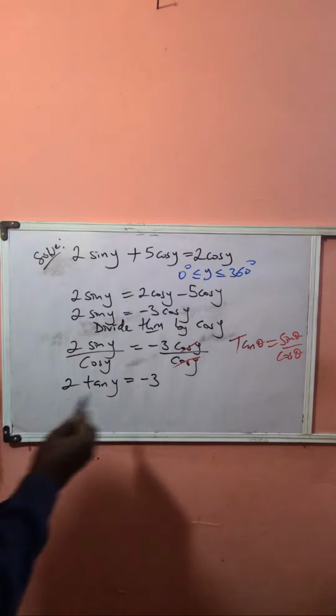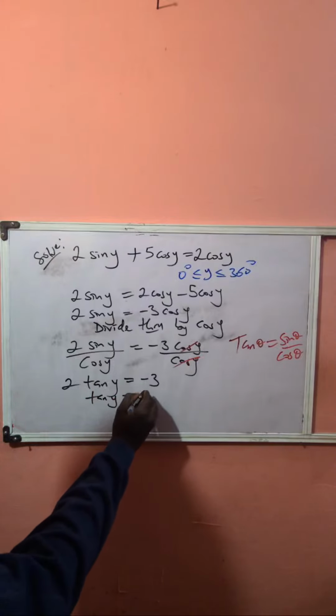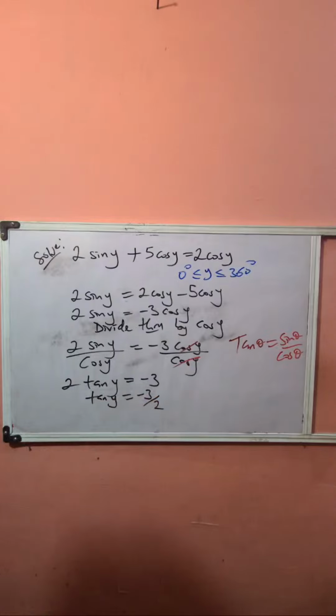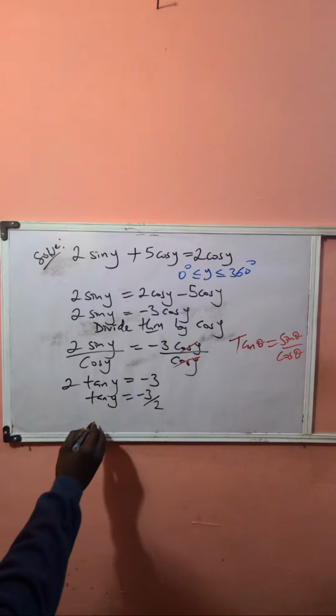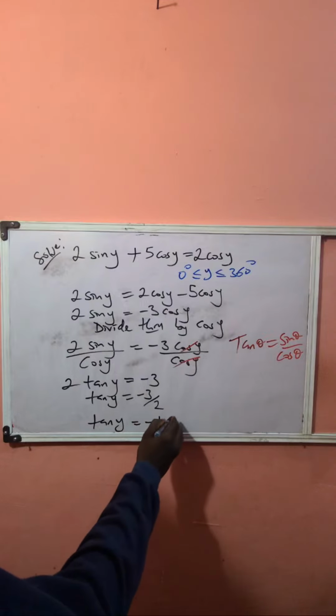So I want to make tan y the subject of the formula: tan y equals to minus 3 over 2. Obviously, I divide both sides by 2. That's the very first step. You have tan y equals to minus 3 over 2. In decimal, minus 3 over 2 is going to be 1.5. So I can say tan y equals to minus 1.5.